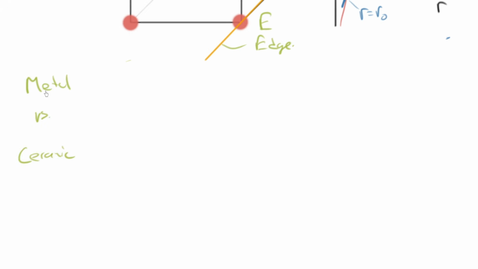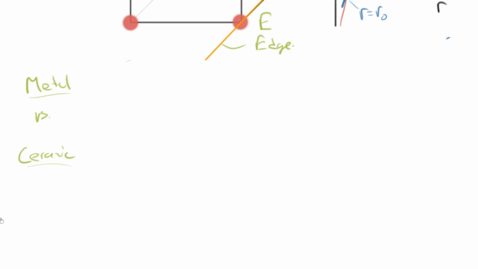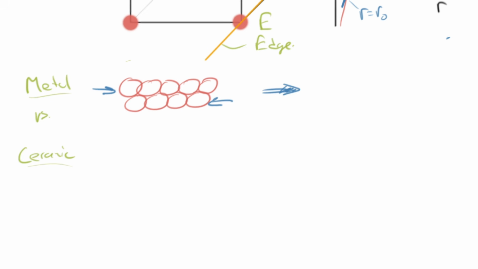Could we rationalize some of the behavior? Well, just with the little discussion we've had with these planes sliding past each other, we said, well, we know that planes of atoms of a metal must be able to slide past each other. In fact, that's true. So if I simplify it a little bit here, we apply a force to these planes, you will find that they can slide past each other.